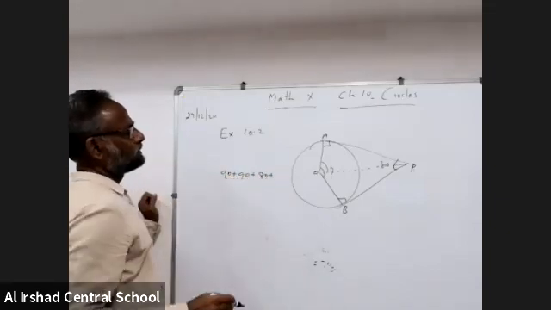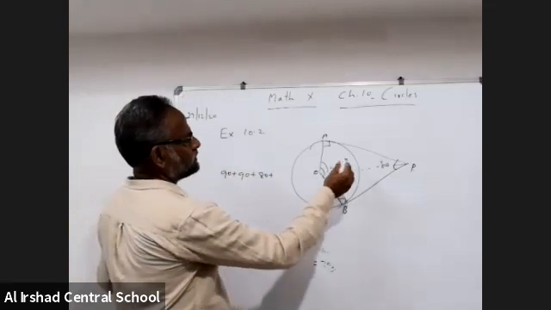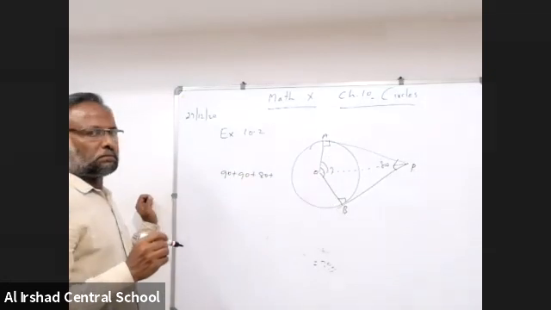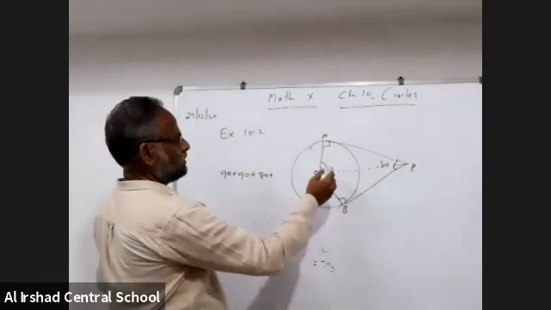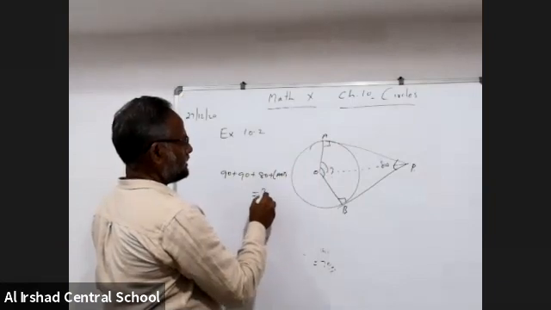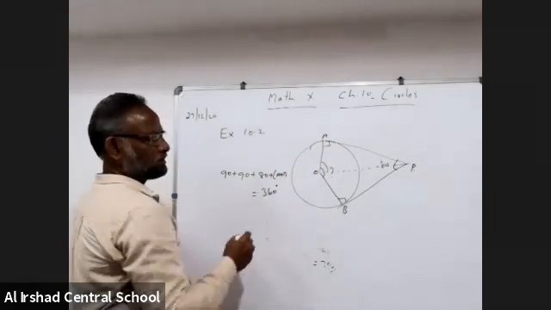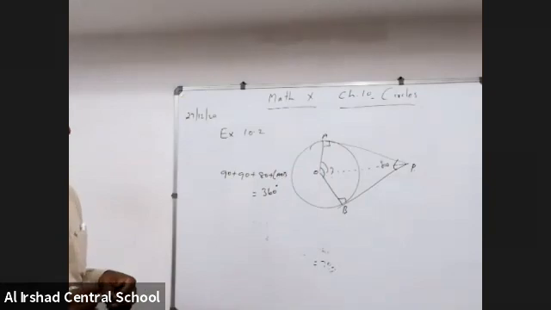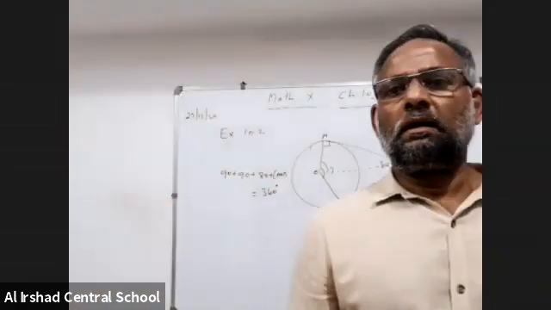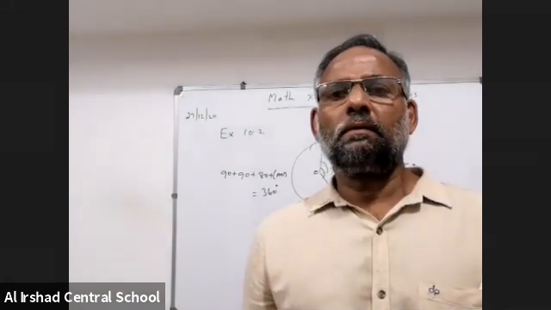80 plus, and suppose angle AOB is X. I am putting this as X, or keep it as angle AOB, that is equal to 360. Because AOBP is a quadrilateral. In a quadrilateral, what is the total angle?